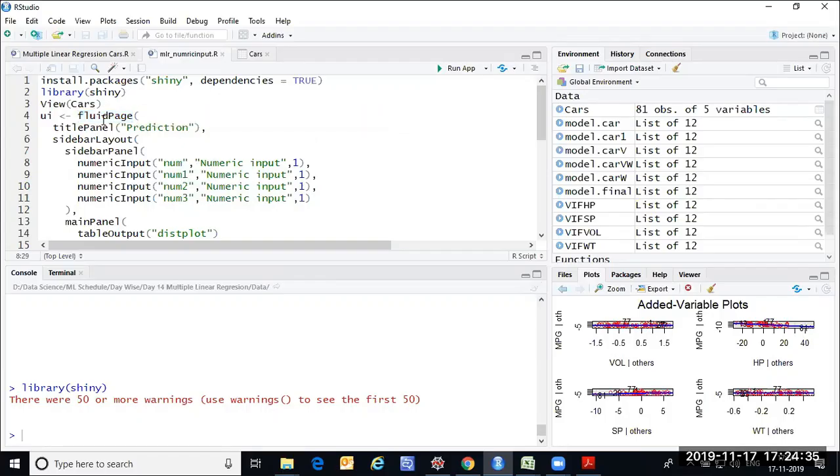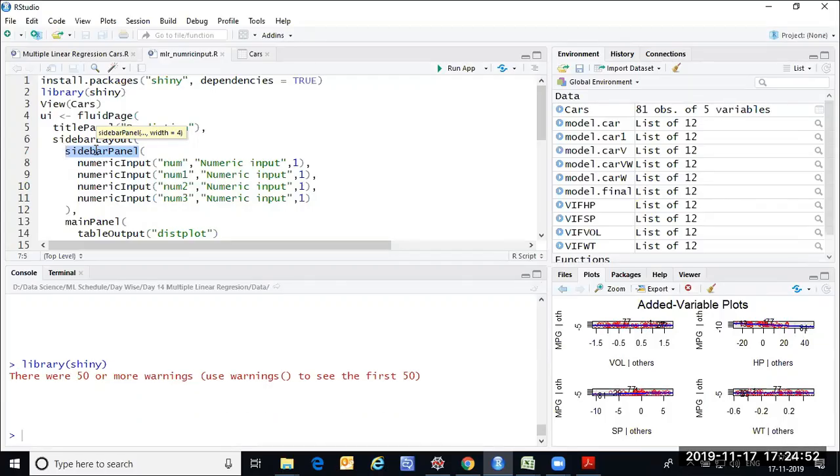Within this fluid page, there are two sections: sidebar layout and sidebar panel. Within a layout, whatever fields you would like to display are part of the panel. The layout is what variables you would like to display together as part of a single block.